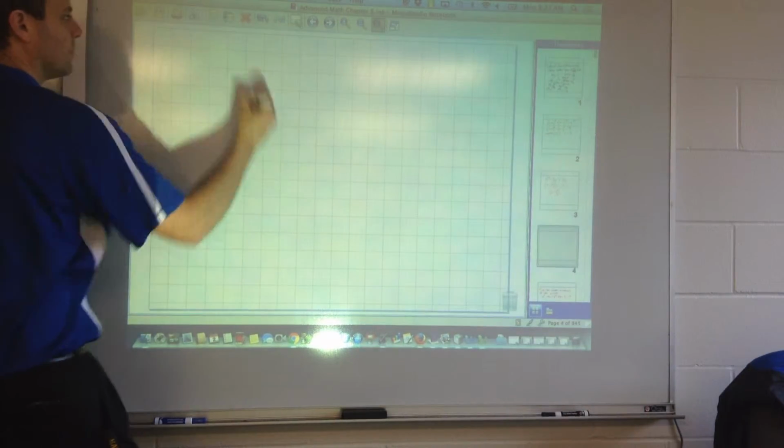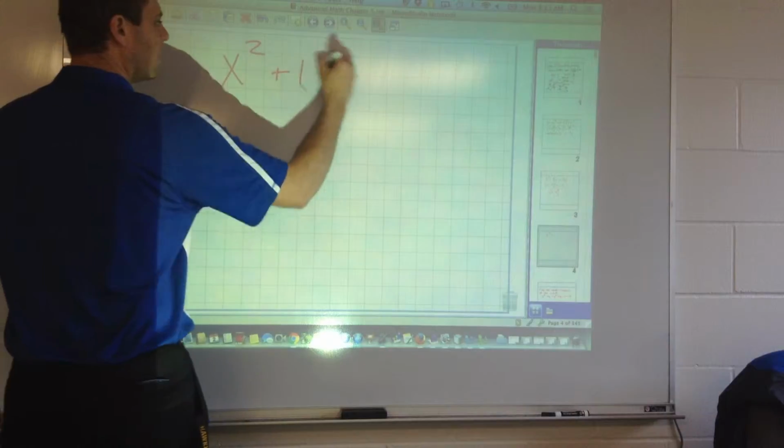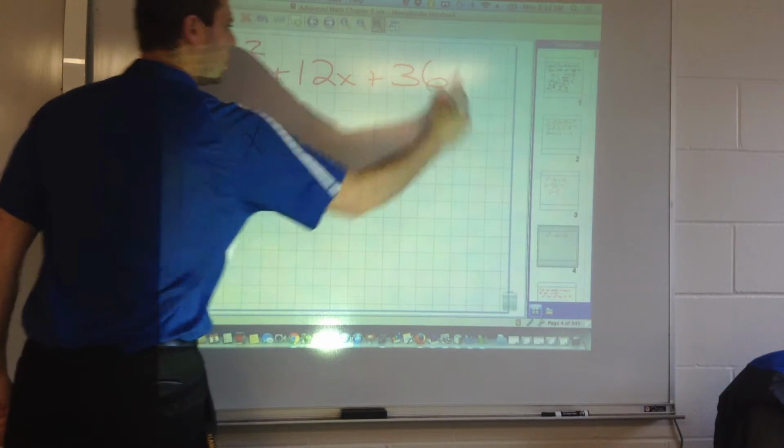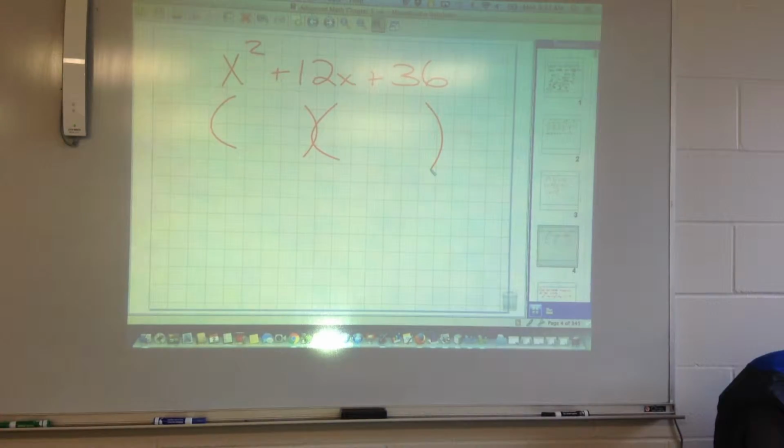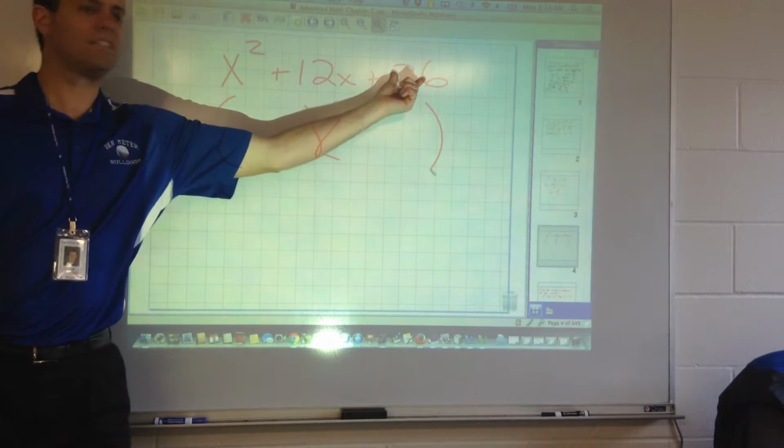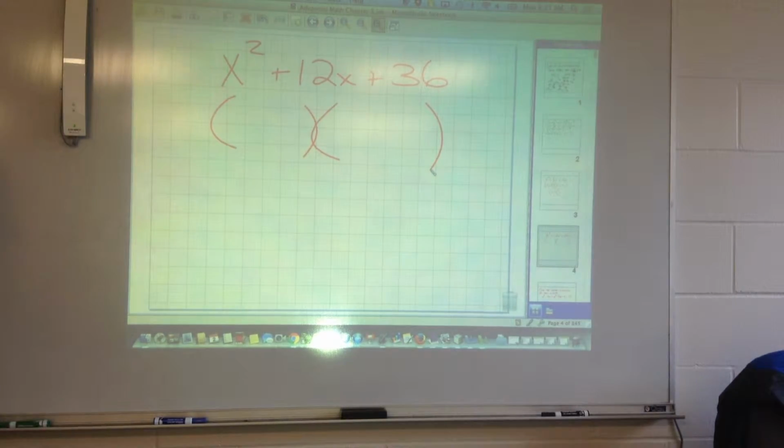Let me do another one because I'm seeing some funny looks. That is a perfect square. What are my two factors? X and x. What multiplies to 36 and adds to 12? They both are positive, so they multiply to positive 36 and add to positive 12.